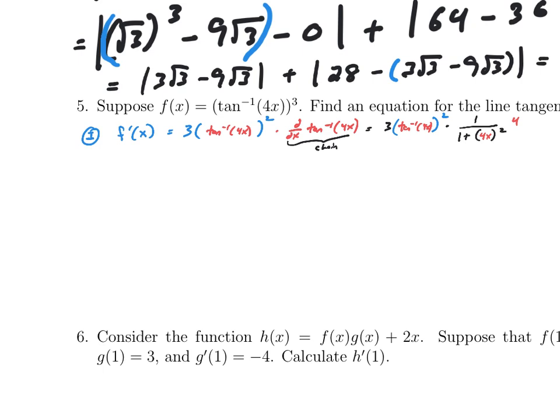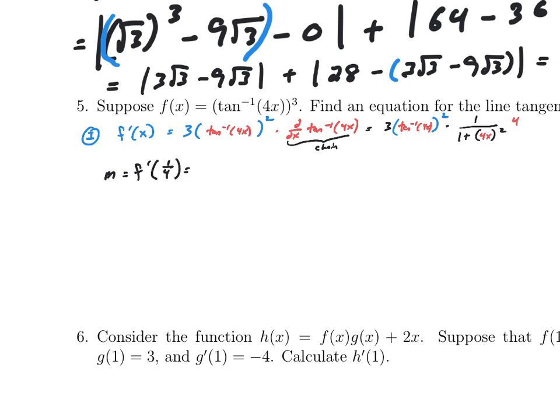So the slope is going to happen at x is equal to 1/4. Okay, so let's see what happens when I put all this in there.